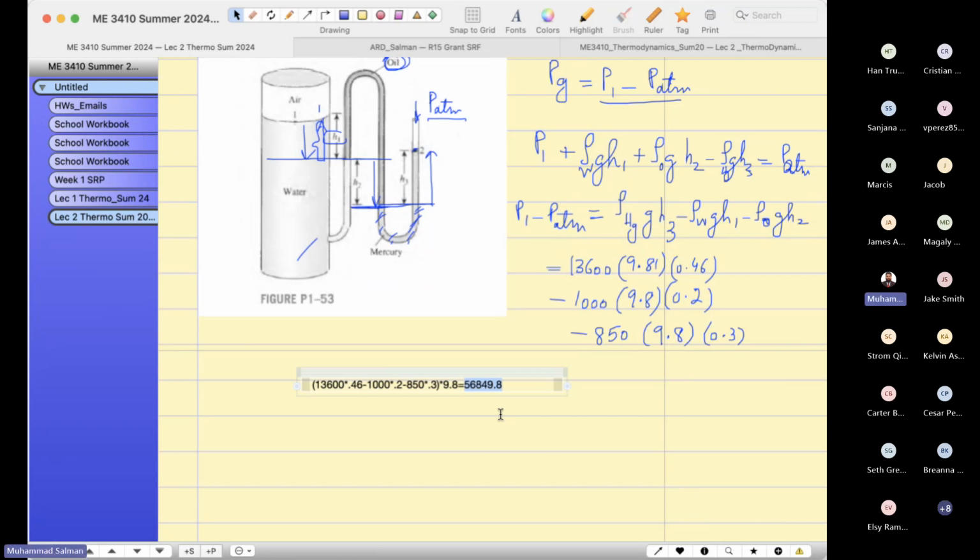And if you're getting 56,000, that's correct, which is very close. So in this case, this is in pascals. The unit is Pascal. 1 Pascal equals to 1 Newton per meter square. And if I want to find out the answer in kilopascals, I will divide this by 1000 to find out the gauge pressure to be equal to, let's say, 59 kilopascals.